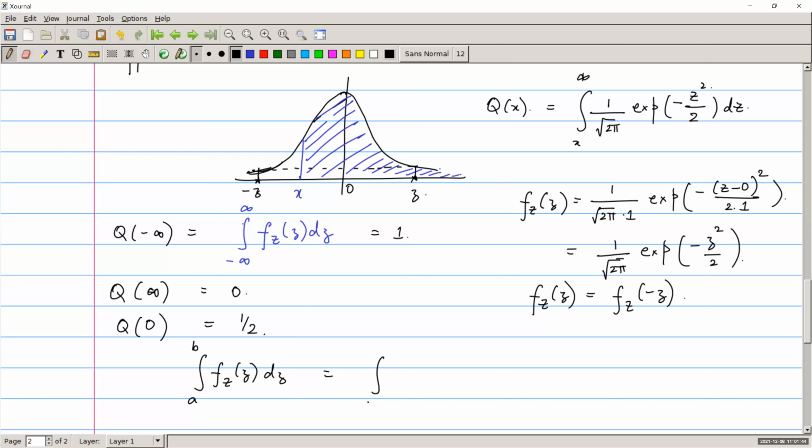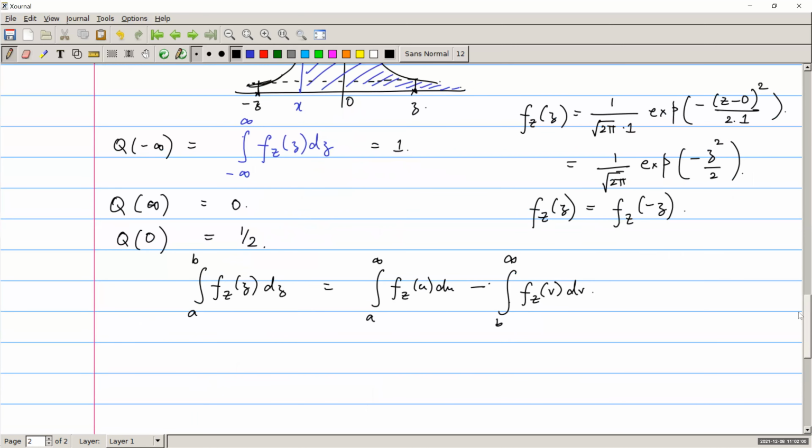Right, so I write it as the integral from a to infinity of f_Z of u du, so I'm going to use different dummy variables, minus the integral from b to infinity of f_Z of v dv. Right? So we could write this integral over the interval a to b as the difference between these two integrals. Okay, and so this is just Q of a minus Q of b.